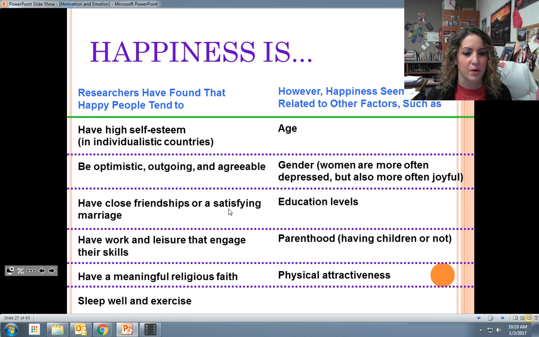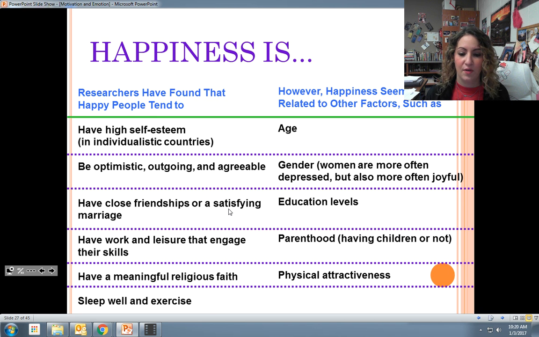And this is what research says that happiness is about and what happiness is not about. So the column on the left is what researchers have found that people tend to be happy about, what influences happiness. But things that don't influence happiness are age.